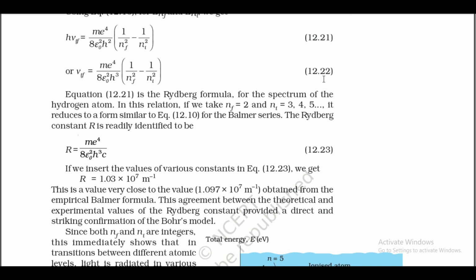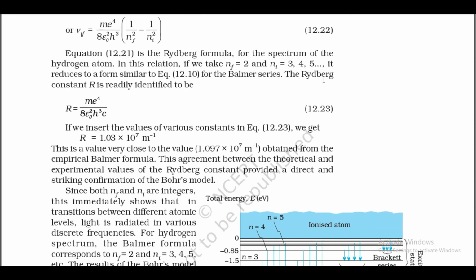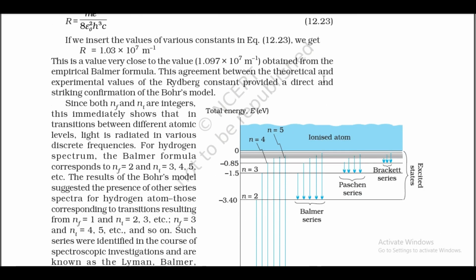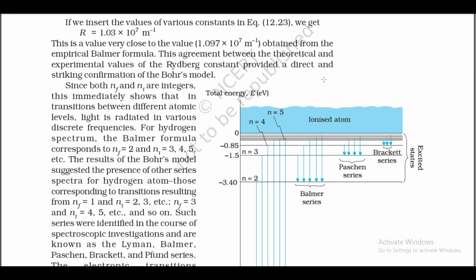The Rydberg constant R is readily identified to be R is equal to me^4 by 8ε₀² h³ c. If we insert the values of various constants in equation 12.23, we get R equal to 1.03 × 10^7 m^-1. This is a value very close to the value 1.097 × 10^7 m^-1 obtained from the empirical Balmer formula.